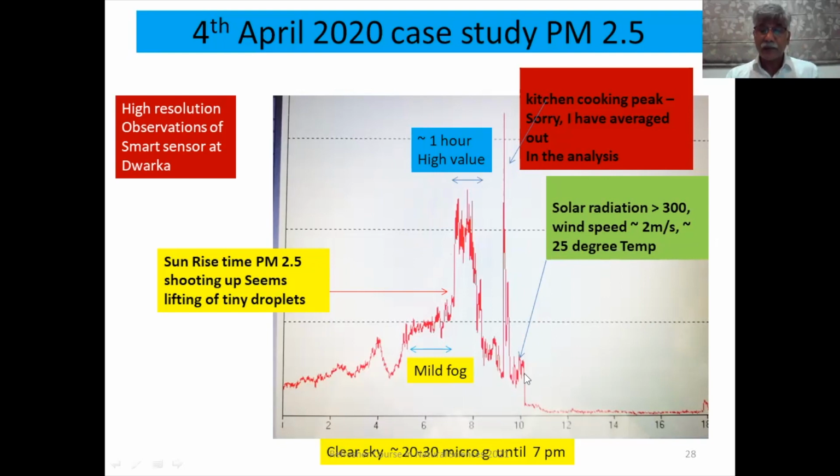But now what is happening here after 10 o'clock? This arrow is solar radiation. As soon as it crosses 300 watt per meter square, wind speed is around 2 meter per second, and temperature is around 25 degrees, there is a sudden drop. All these parameters are favorable to evaporate this, relative humidity decreases, and the atmosphere becomes so clean.